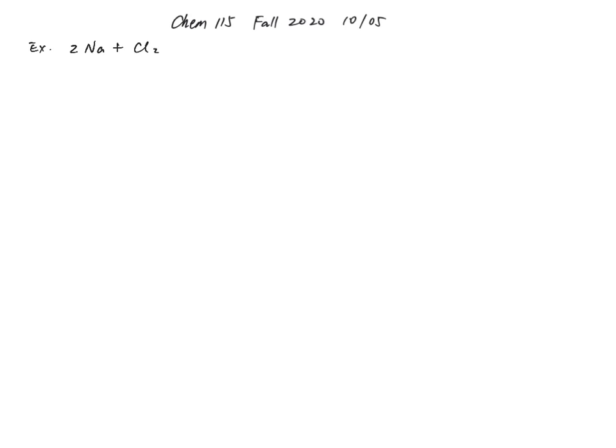Here's the chemical reaction between two free elements, metal sodium and chlorine gas, making sodium chloride. Okay, and this is a typical redox reaction. Now, how? Well, any redox reaction can be divided into two halves.